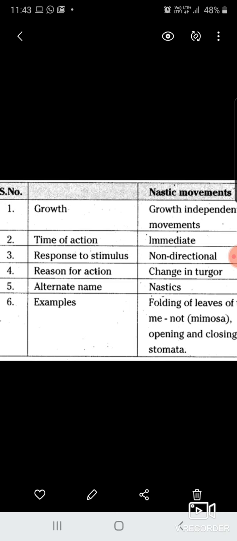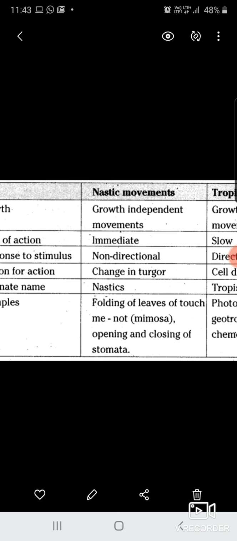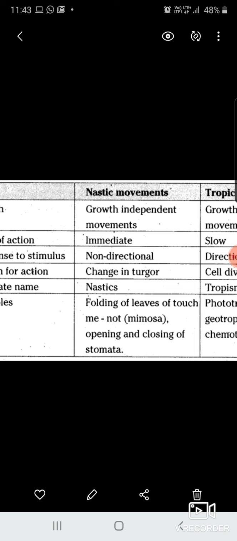Now, response to the stimulus. It doesn't depend where you are touching a Mimosa pudica leaf. So the direction of the stimulus does not matter for nastic movements, as nastic movements are directionless. If you touch the leaf of the Mimosa pudica, all the leaves present on that branch will droop together.